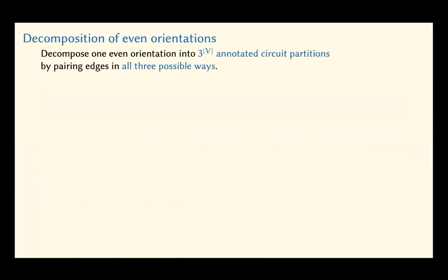Now, in order to prove these two structural lemmas, we use the idea of decomposition of even orientations. We decompose each even orientation into annotated circuit partitions by pairing edges in all 3 possible ways.